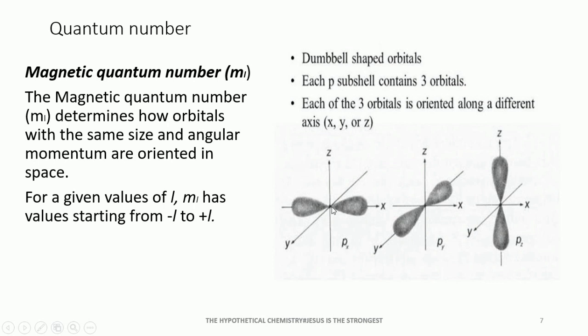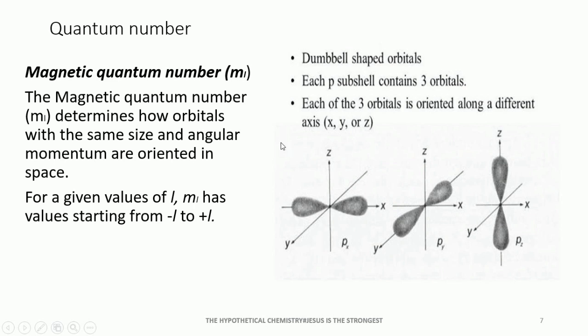Now here it is oriented on the y axis, so we term it the py orbital. Now here we have it oriented on the z axis, so we term it the pz orbital.